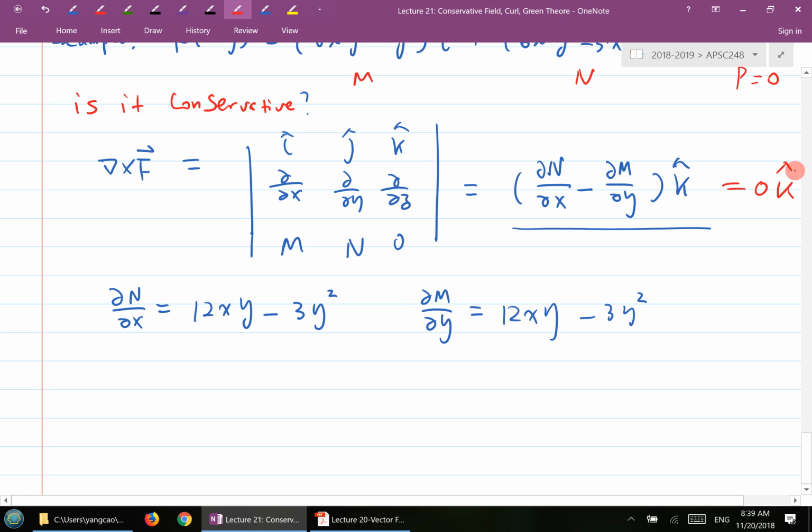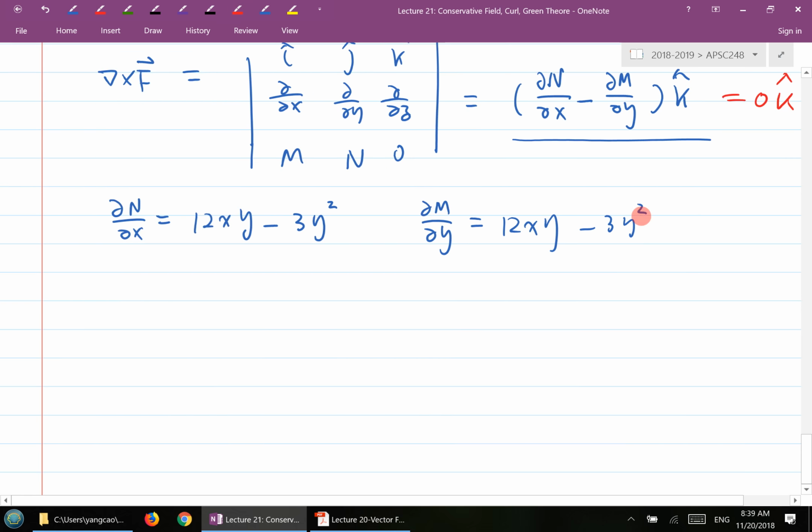However, the question is then, what is that potential function? How do I find that potential function? So that's the second part of the question here. So basically, F is conservative, or F equals del f.